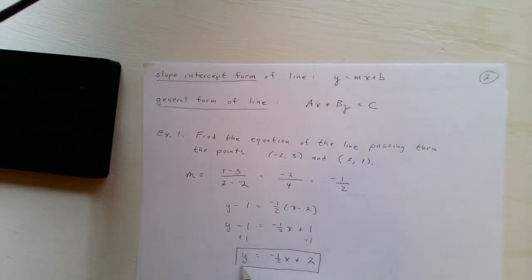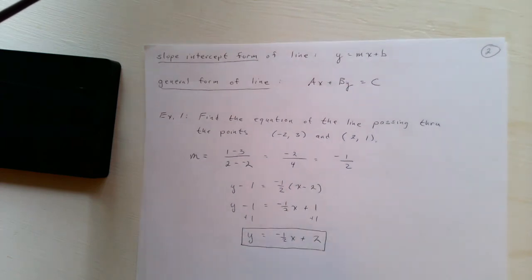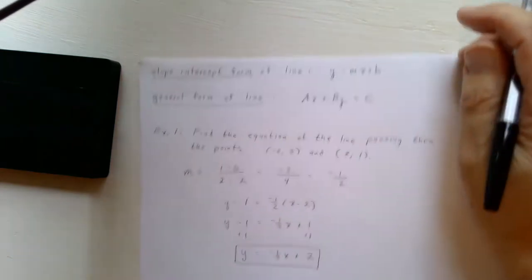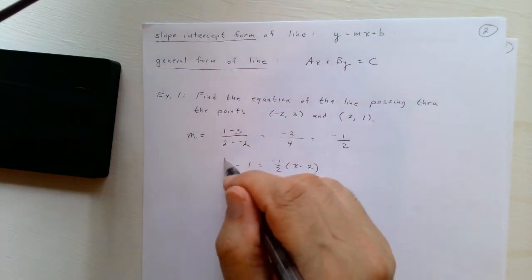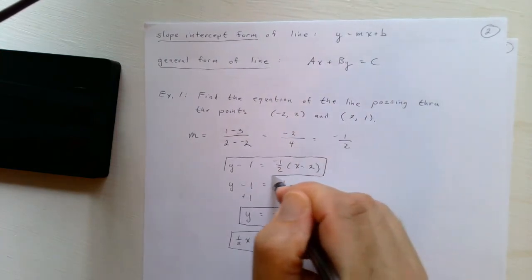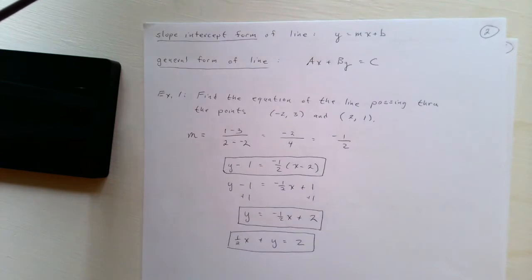And if you wanted to write the general form of this line, you just have to take the -1/2 x to the other side, add 1/2 x to both sides, and you get 1/2 x plus y equals 2. So that would be the general form. All right, so these were the three forms of that line.